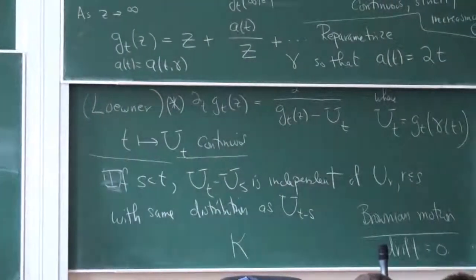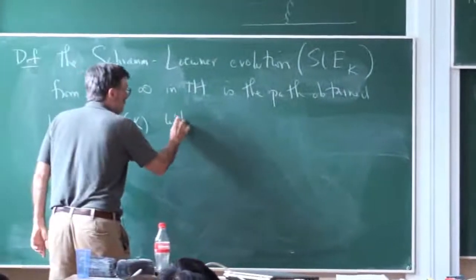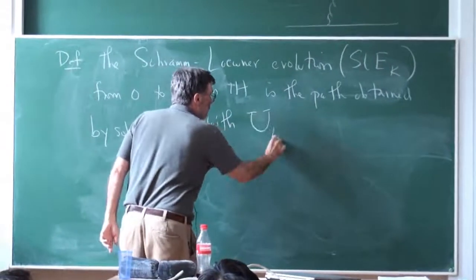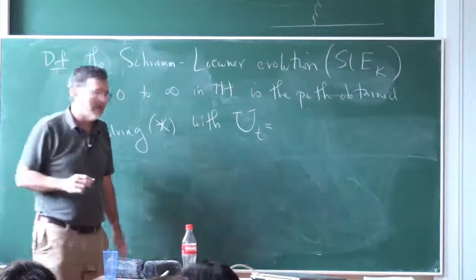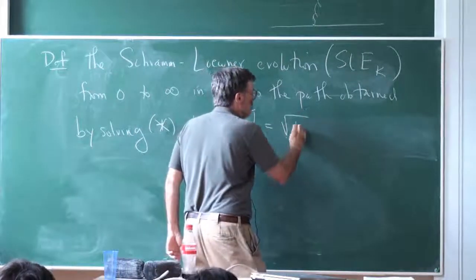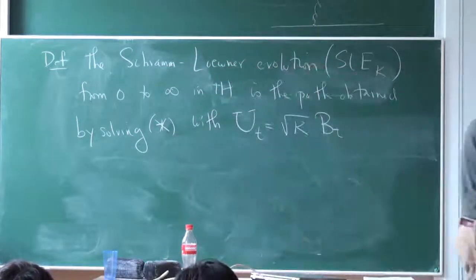I'm just going to give it a star. With U_t being a Brownian motion with variance parameter kappa, which I'm going to write as square root kappa times the standard Brownian motion.